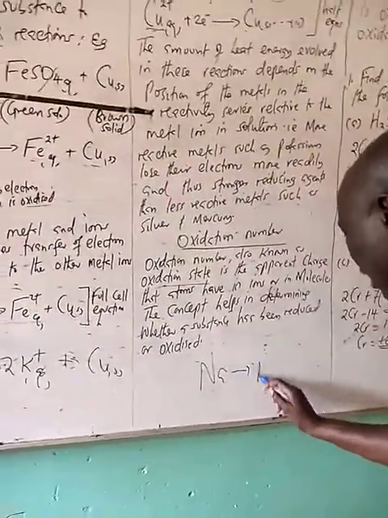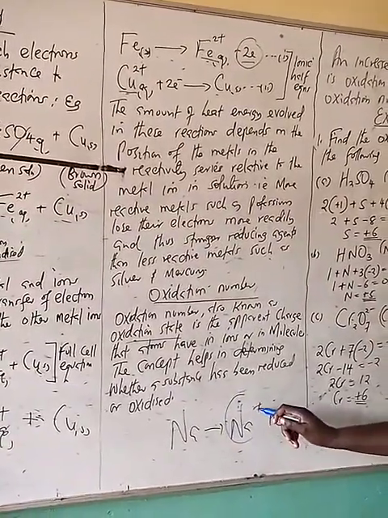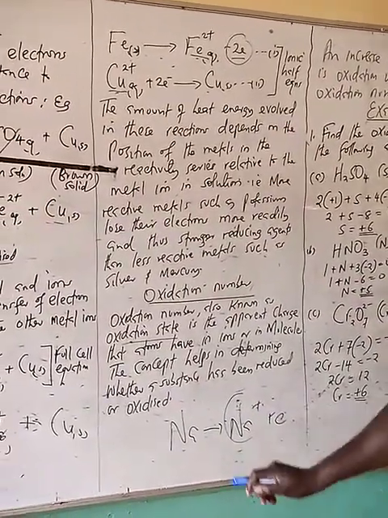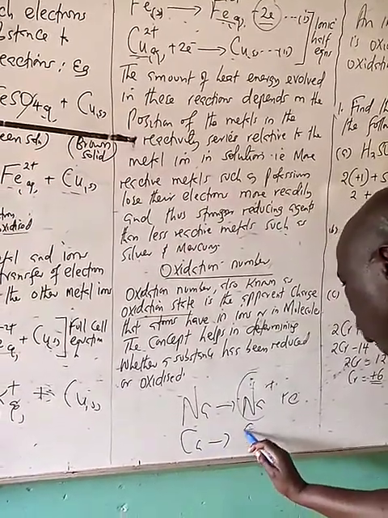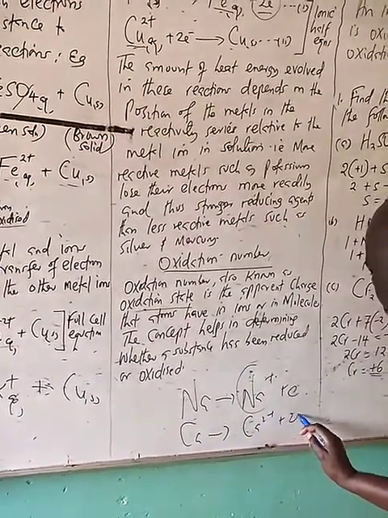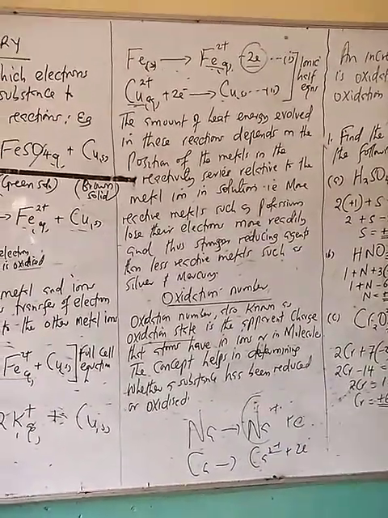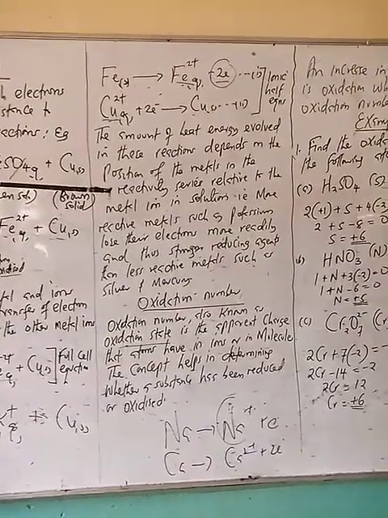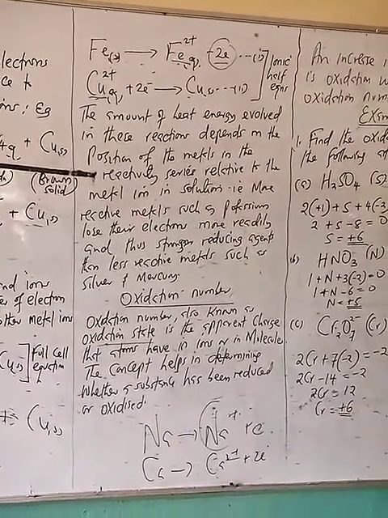Sodium reacts by losing one electron, so it has an oxidation number of +1. Group 2, like calcium, reacts by losing 2 electrons, so oxidation number of +2. Group 3, like aluminium, will react by losing 3 electrons, oxidation number of +3.